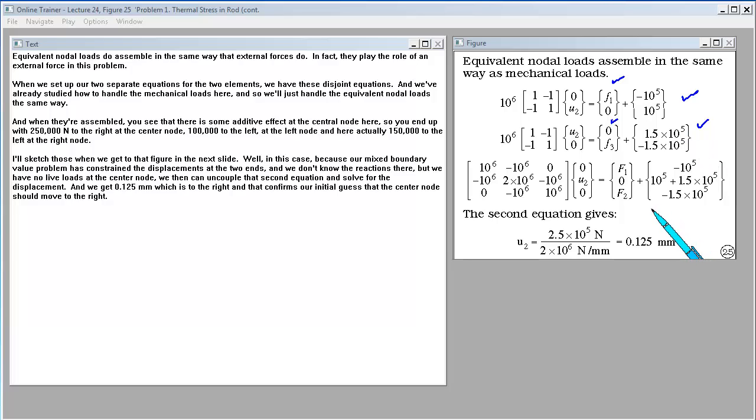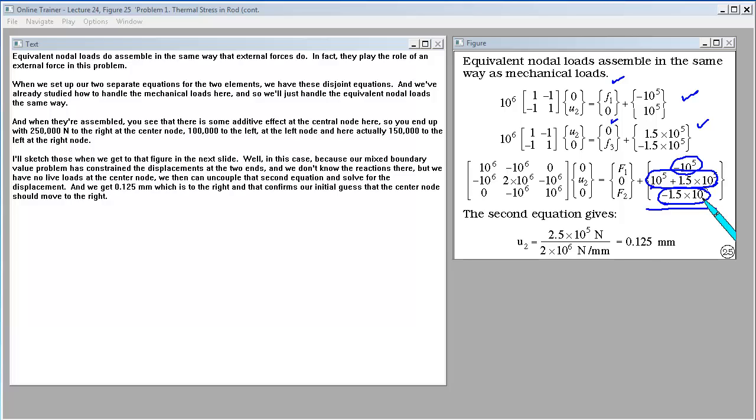And when they're assembled, you see that there is some additive effect at the center node here, so you end up with 250,000 newtons to the right at the center node, 100,000 to the left at the left node, and here actually 150,000 to the left at the right node. I'll sketch those when we get to that figure in the next slide.